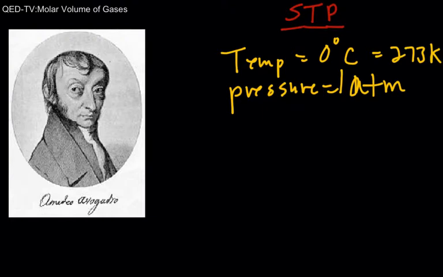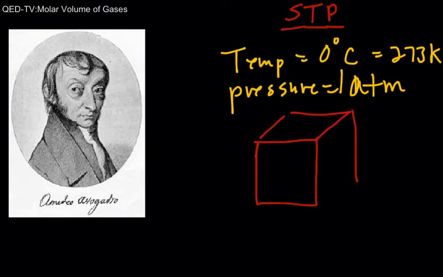So we find out later that if we have a gas that is at STP, then 1 mole of any gas, no matter what kind of gas it is, at STP conditions, 1 mole of helium gas, 1 mole of oxygen gas, 1 mole of hydrogen gas, doesn't matter what kind of gas it is, will fit into 22.4 liters.